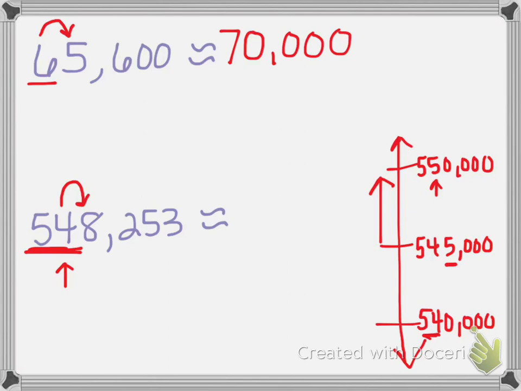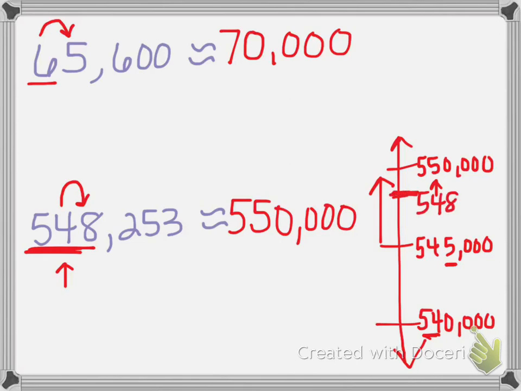So 548,253 would round up to 550,000. If you thought about where that goes on the number line, 548 would fall about right here. And you can already tell using that number line that it's much closer to our 550,000. Okay.